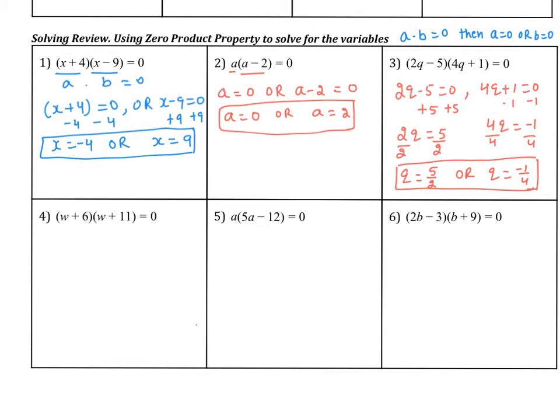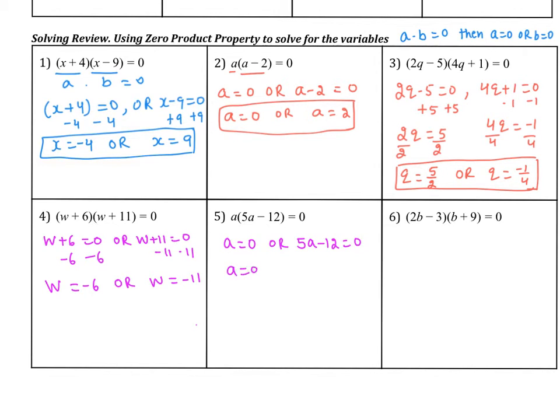For number 4, either w plus 6 equals 0 or w plus 11 equals 0. And you're going to solve for w. So it's going to be w equals negative 6 or w equals negative 11. For number 5, either a equals 0 or 5a minus 12 equals 0.